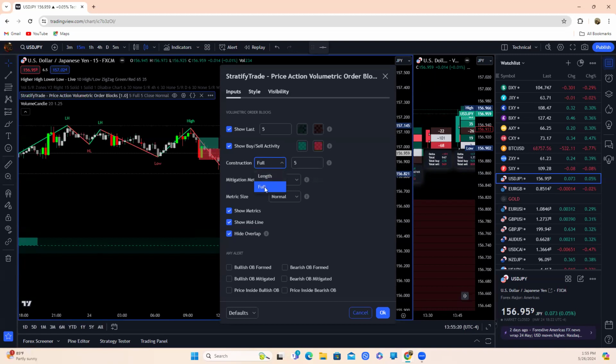I chose full because typically the orders from the order block are placed in that entire candle. So I wanted to capture that, and you'll see where that will help us out with our analysis in a second. I left everything else the same.